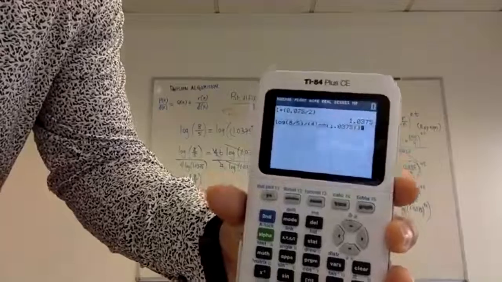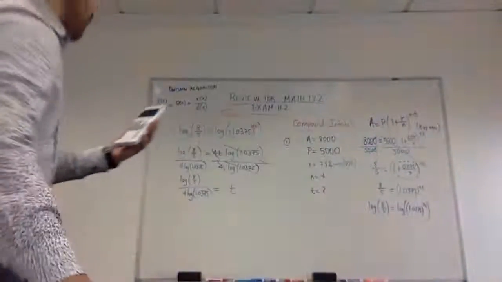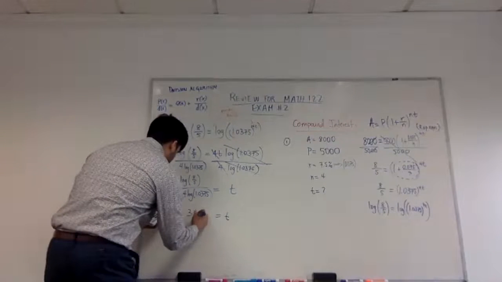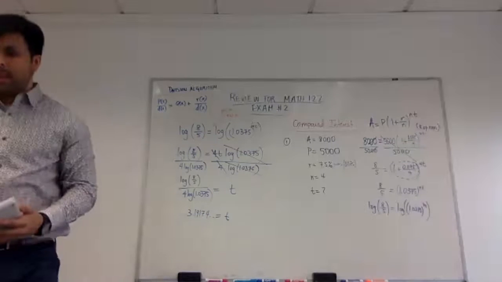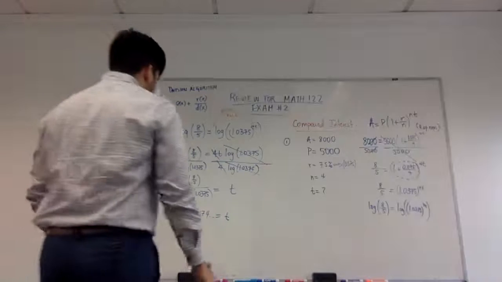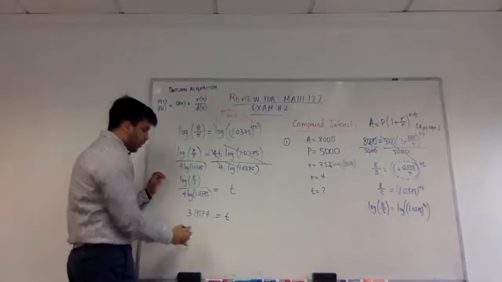Close parentheses, press enter, and I get 3.1917. So I get t is 3.19174 and so on. So then you can say it would take approximately 3.2 years.